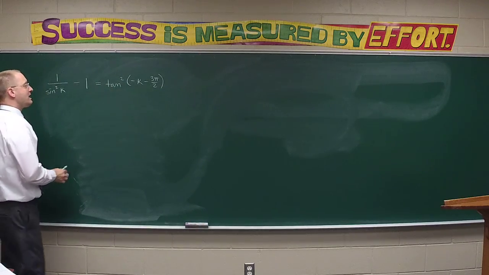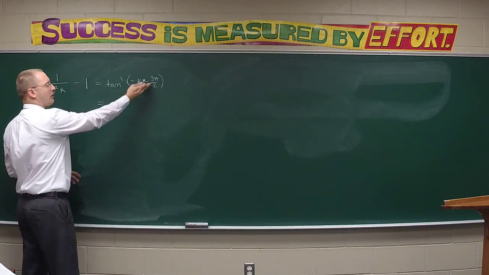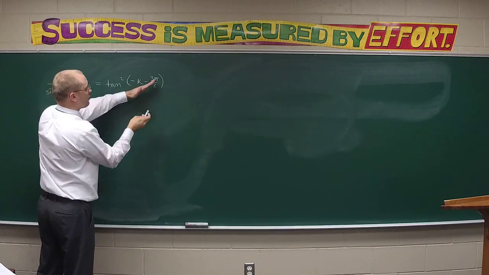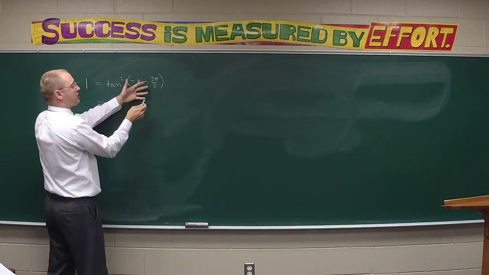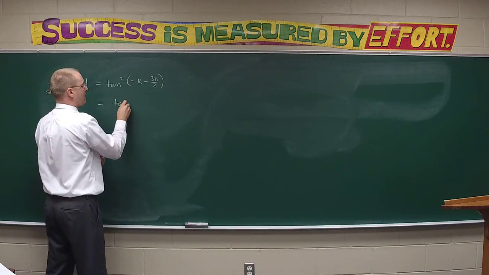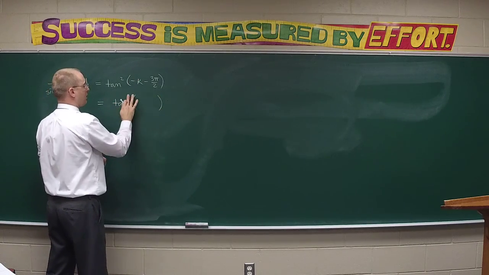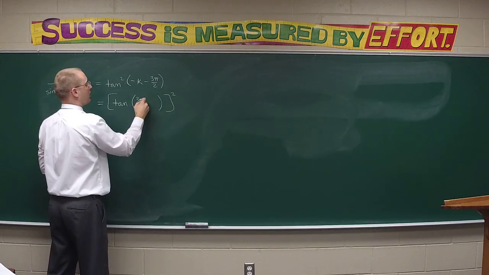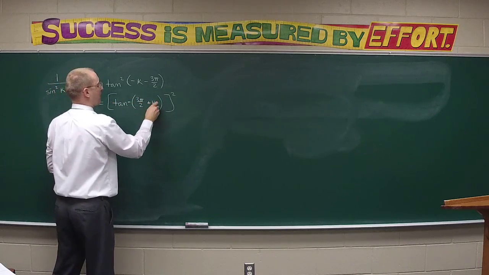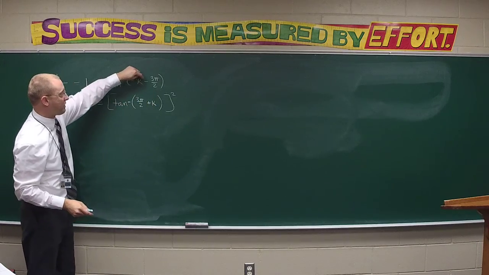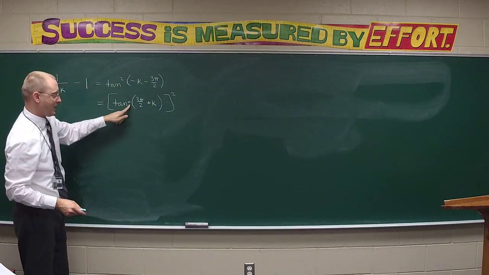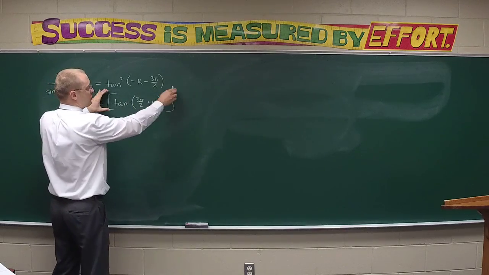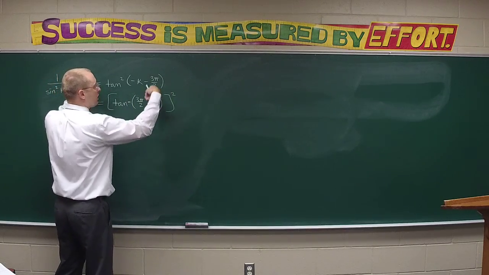Pull out the negative. Yeah, and at the same time we pull out the negative, we also ought to flip. So let's put the negative 3 pi over 2 first, but as we're factoring out the negative, it becomes 3 pi over 2 plus kappa. We factor out the negatives, they both become positive. I wrote the squared out here because it is the tangent of all of this, all squared.